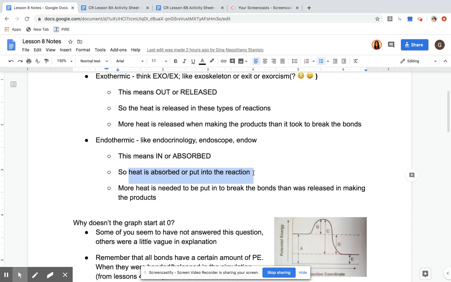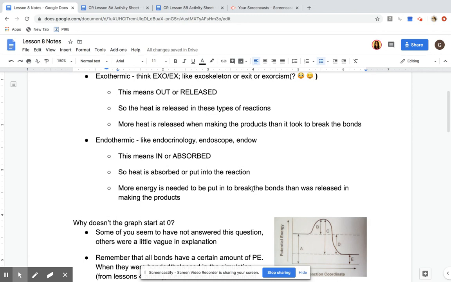Okay, so again, when we're comparing how much energy did we need to put in to break the bonds versus how much energy came out to make the products, in an endothermic reaction, much more energy is needed to be put in to break the bonds than was released in making the products.